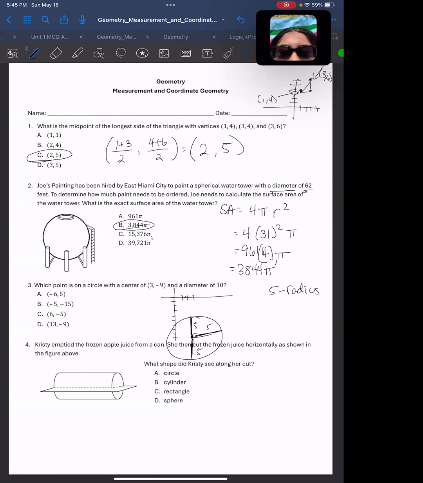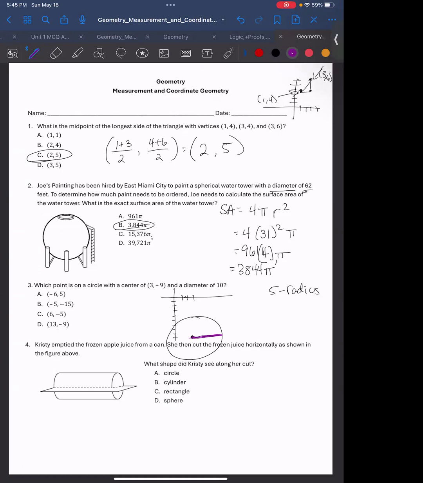So if I go from 3, -9 over to this side of my circle, I would be moving 5 to the right.